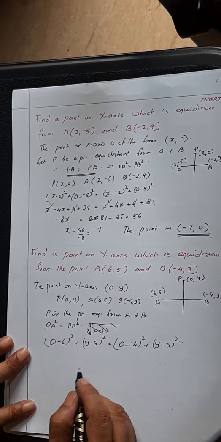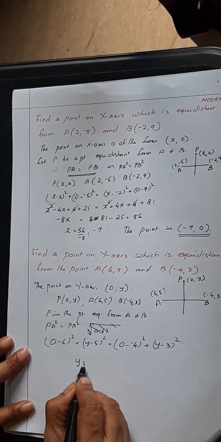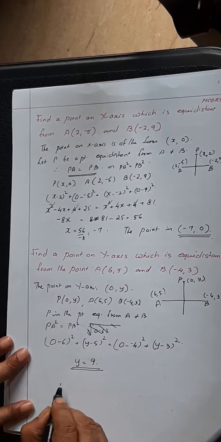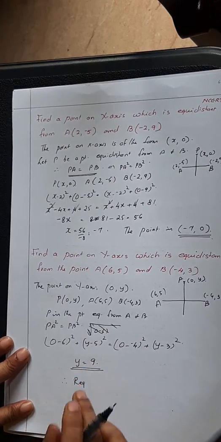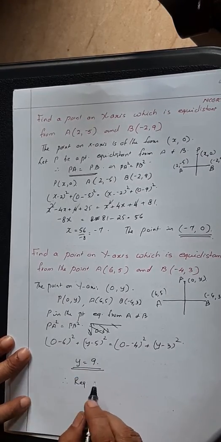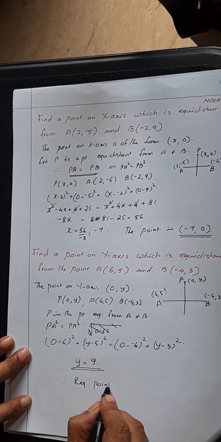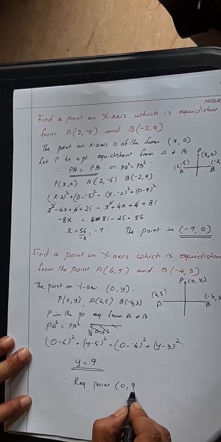So if you simplify this, you will get the value of y is equal to 9. Please do it and see whether you get the value as 9. So the required point is (0, 9).